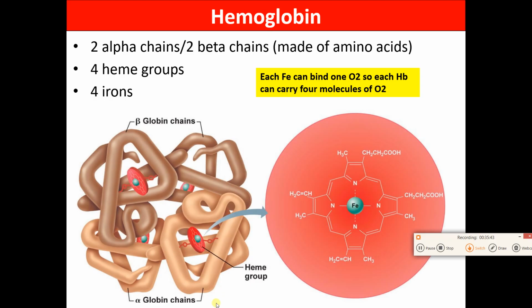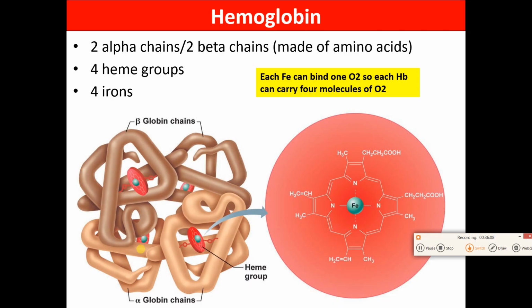This iron, represented by this little bluish circle here, is really important because an iron can grab onto a molecule of oxygen. So every hemoglobin protein has 4 hemes, so it has 4 irons, so it can carry 4 molecules of oxygen.